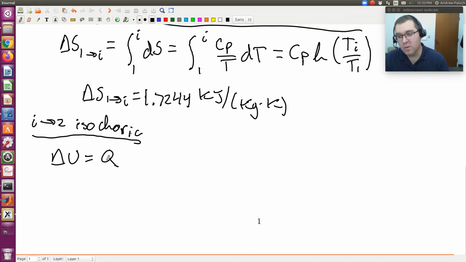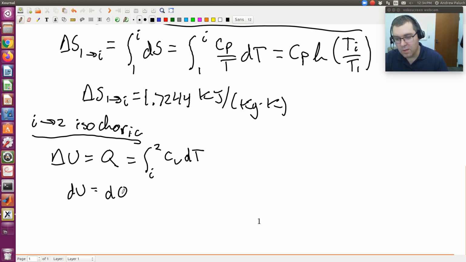So delta U is equal to Q, which is equivalent to the integral from my initial to final state of Cv dT. Or in differential form, dU is equal to dQ, which is equal to Cv dT.